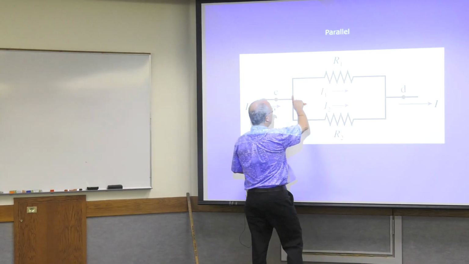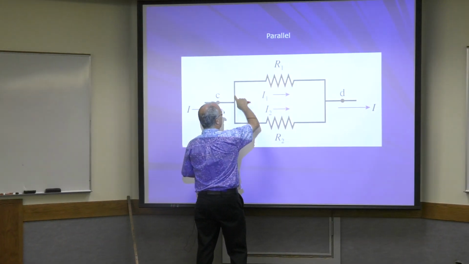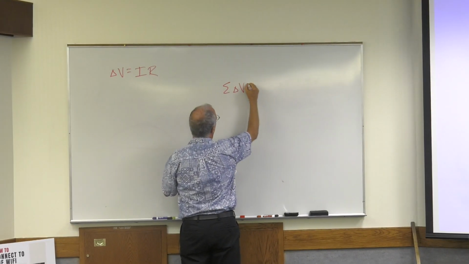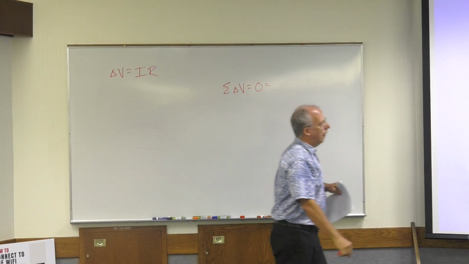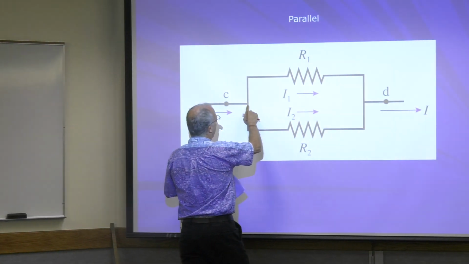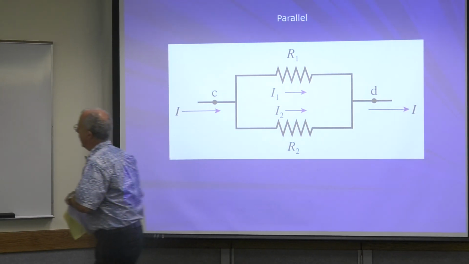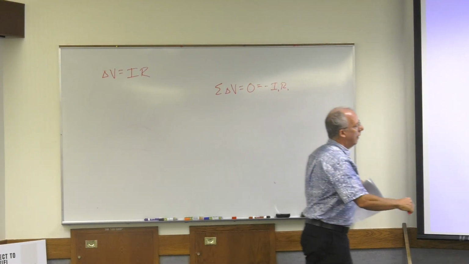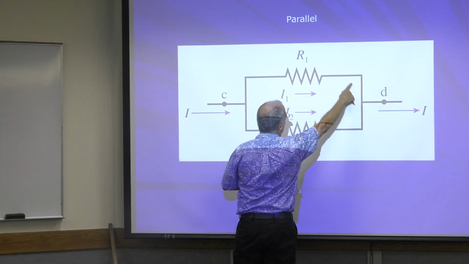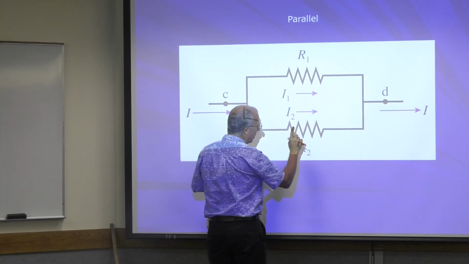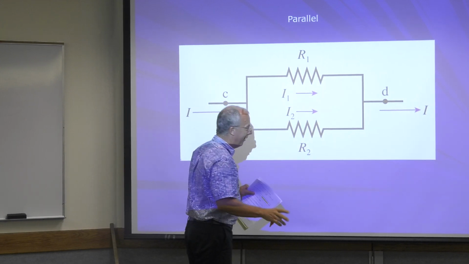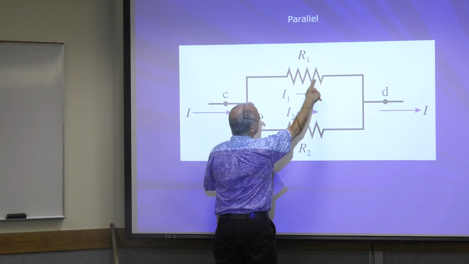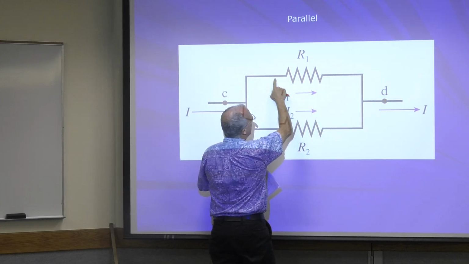Let's just do the loop rule around this. So the sum of the voltages, according to Mr. Kirchhoff, is 0, right? Let's start here. We go here. That's minus I1R1. This is the tricky part, which I want to avoid. What we said earlier was when we go in the same direction as the current, it's always a minus IR.